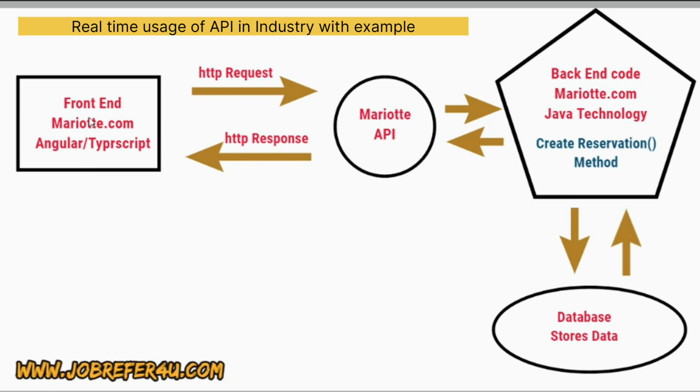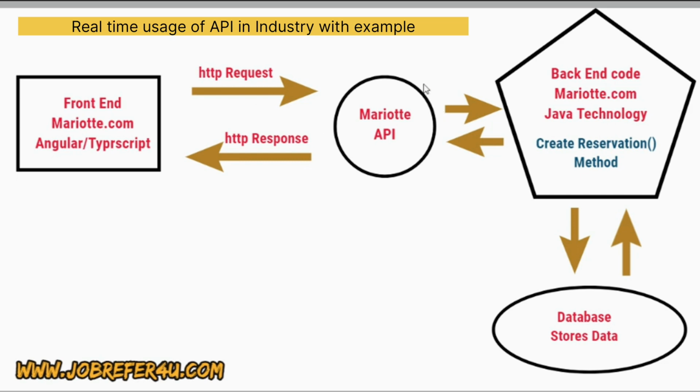Once they get a response back, like a reservation number or confirmation, yes or no, Angular or TypeScript will parse that response and extract the value, and display it on the front-end HTML page, showing the user that the reservation is confirmed and what the reservation number is. So there is no interaction between Angular and Java here.